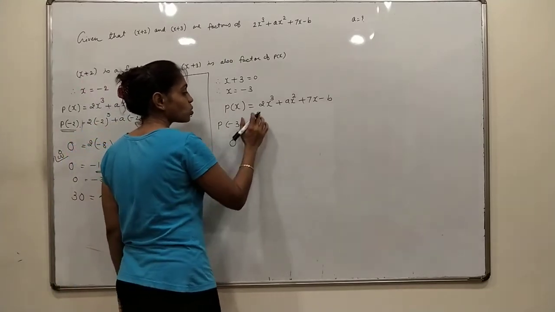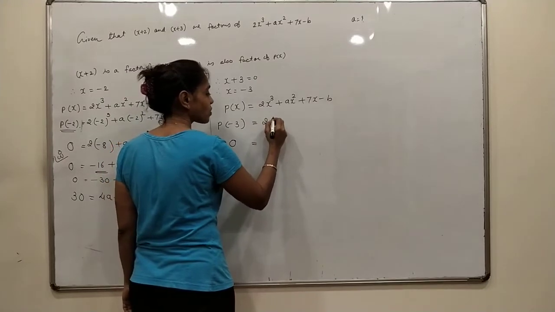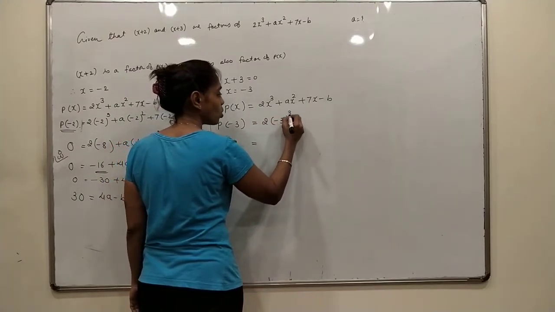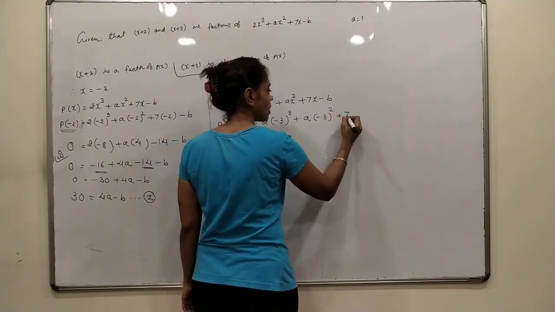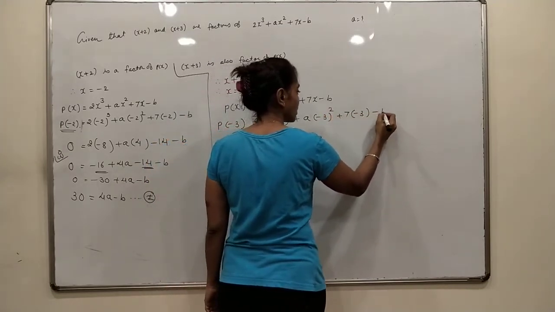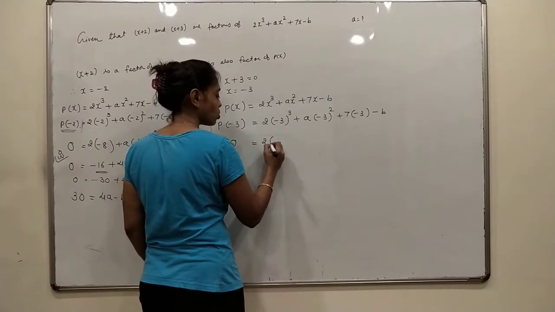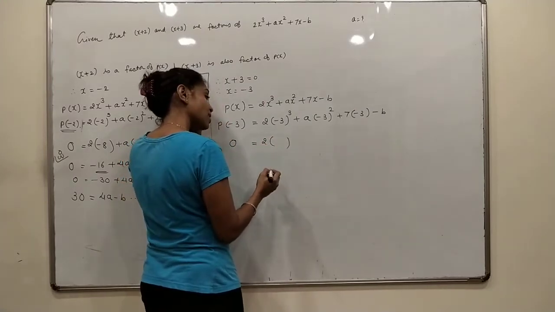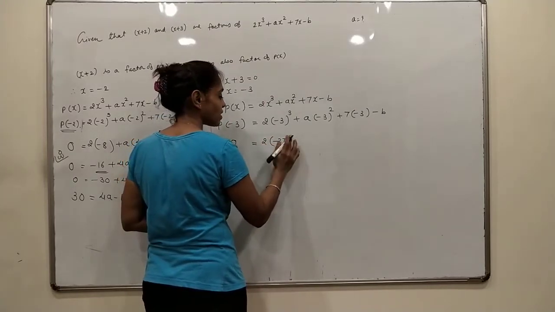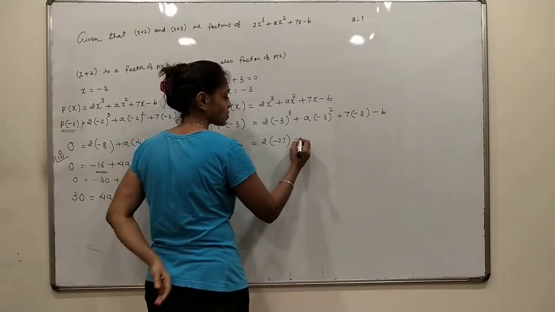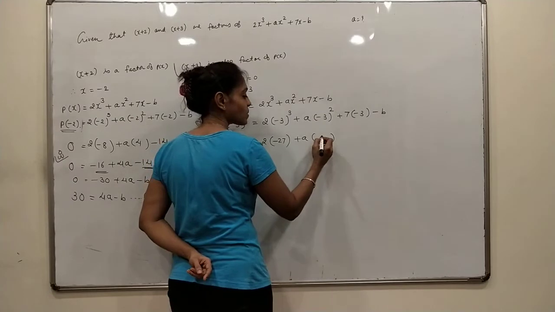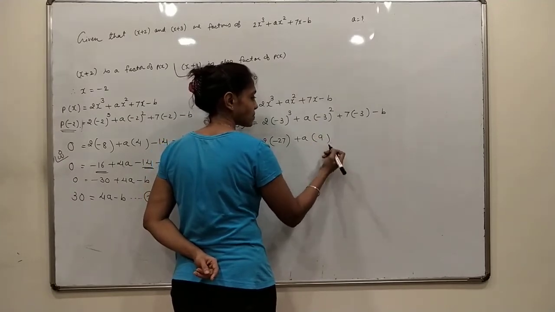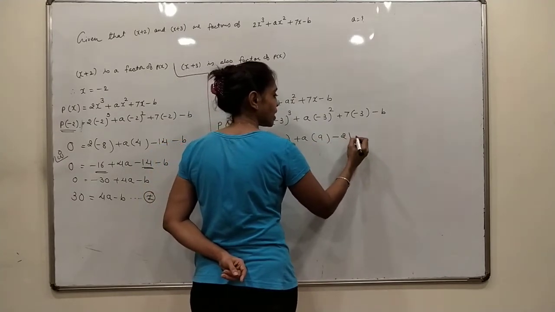Understood? Wherever x, put minus 3: 2 into minus 3 the whole cube plus a into minus 3 the whole square, plus 7 into minus 3 minus b. 2 3 3s are 9, 3 9s are 27, so minus 27 times 2 is minus 54. Any negative number squared is positive, 9. 7 3s are 21.